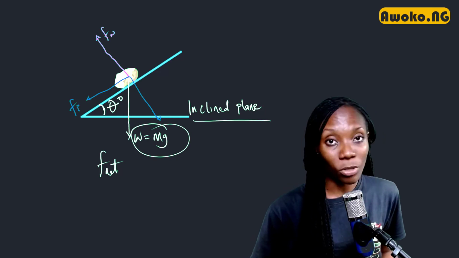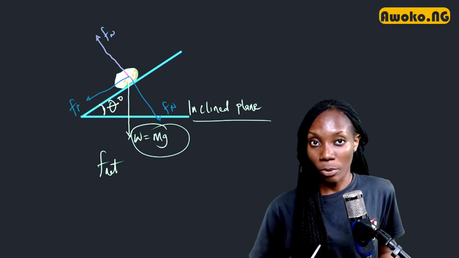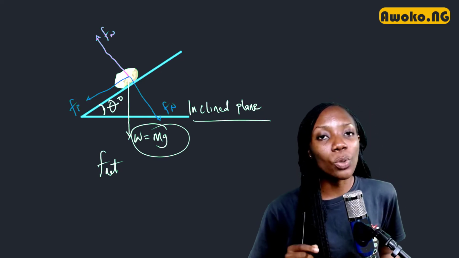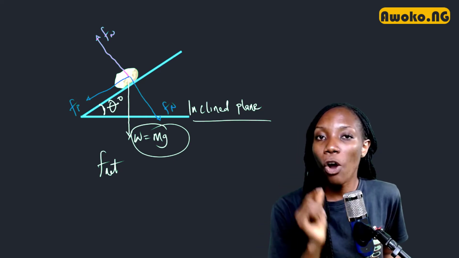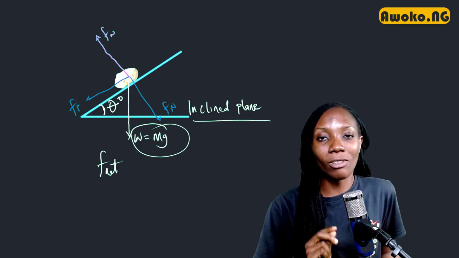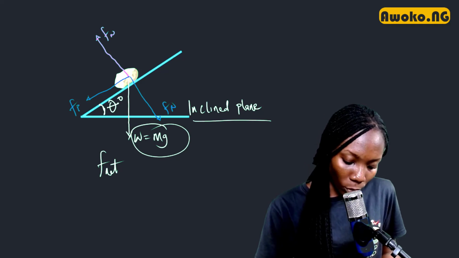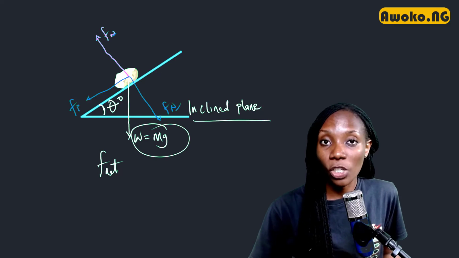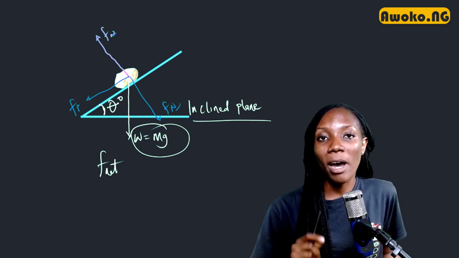You can also use Fn to represent this. Now, an interesting thing to know here is that the perpendicular component of the force of gravity is directed opposite the normal force. As you can see here, the normal force and the perpendicular force are both opposite each other, and as such, it balances the normal force.